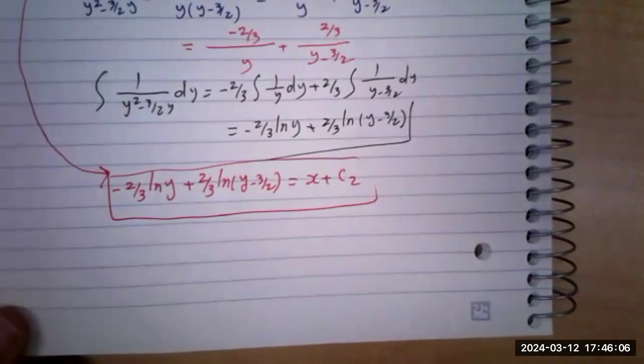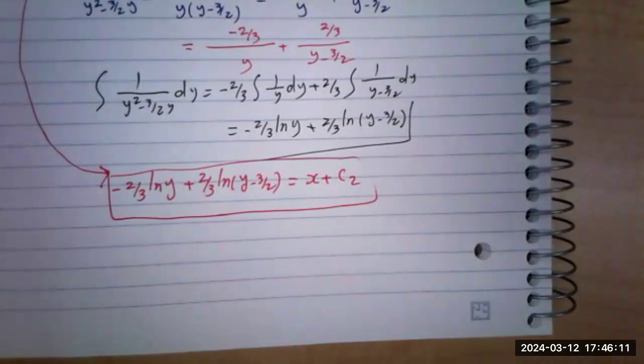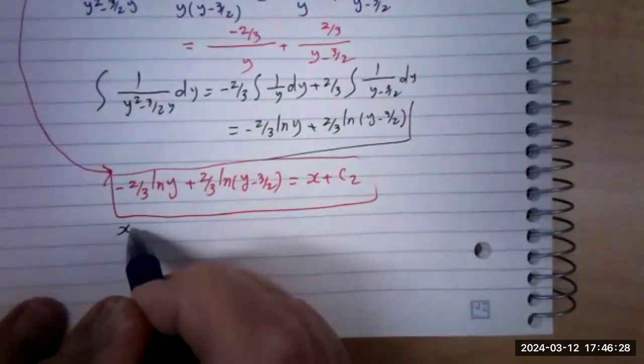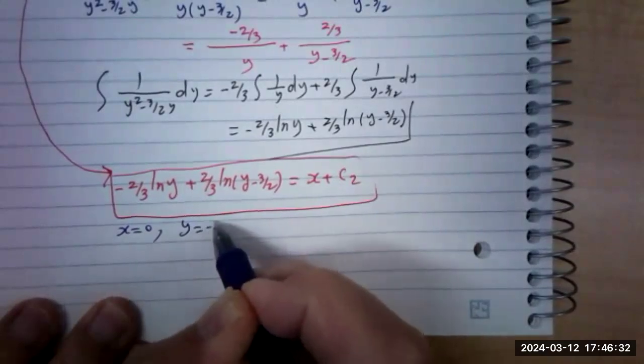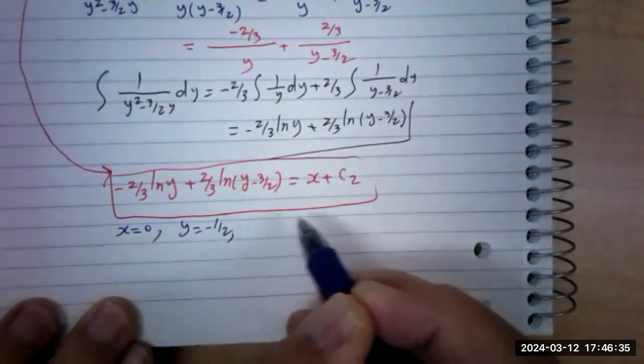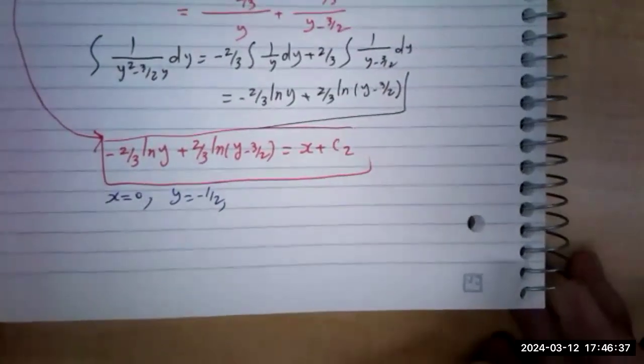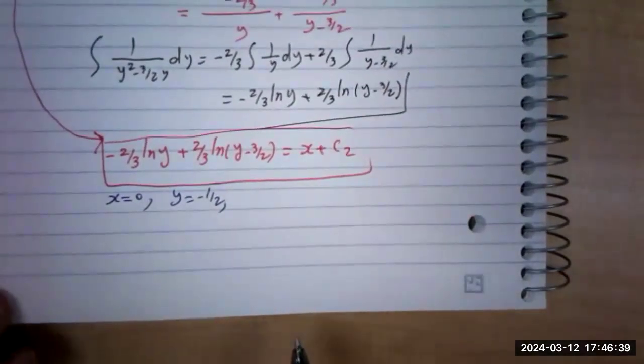So what is the initial condition that we did have? Initial condition is x equal to 0, y is equal to negative half, and there is no y prime over here, okay? So you just substitute to get these numbers.